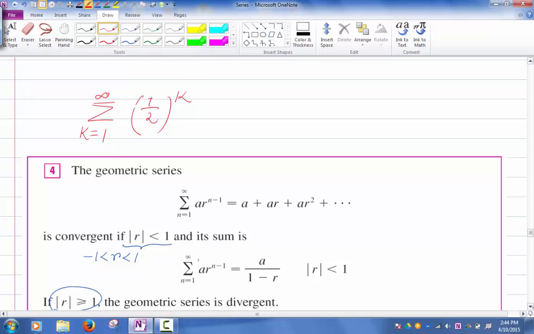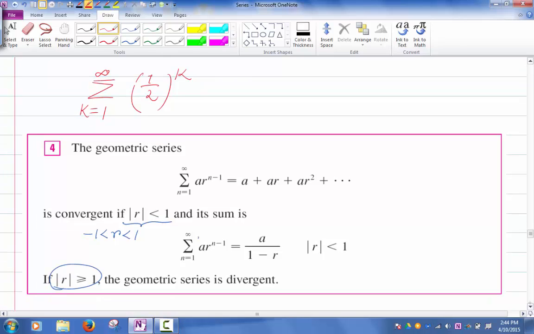Okay, what is the sum? Can someone tell me, by looking at what we said in that box, first of all, is this series a geometric series? How do I know it's a geometric series?